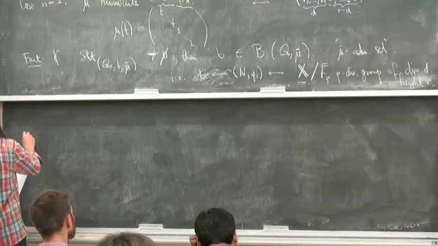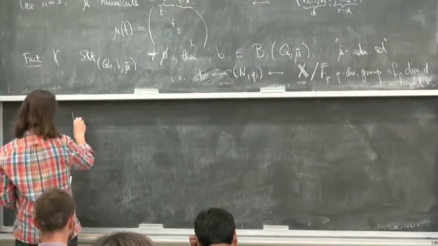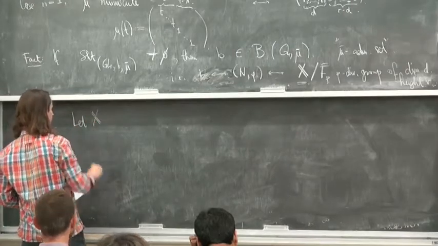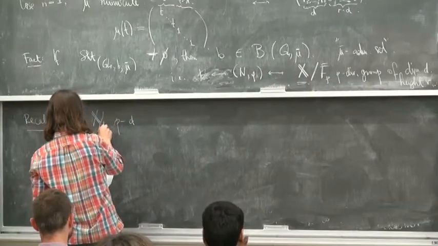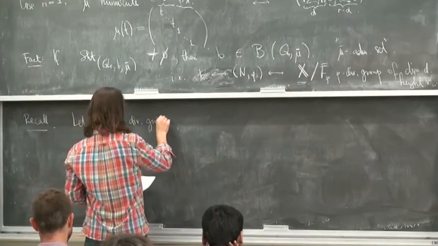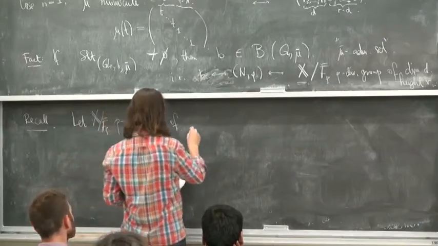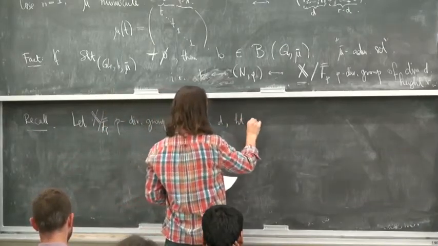So let me recall the Rapoport-Zink spaces. Let's take X, a fixed p-divisible group over F_p bar, say, a p-divisible group of dimension d and height r.